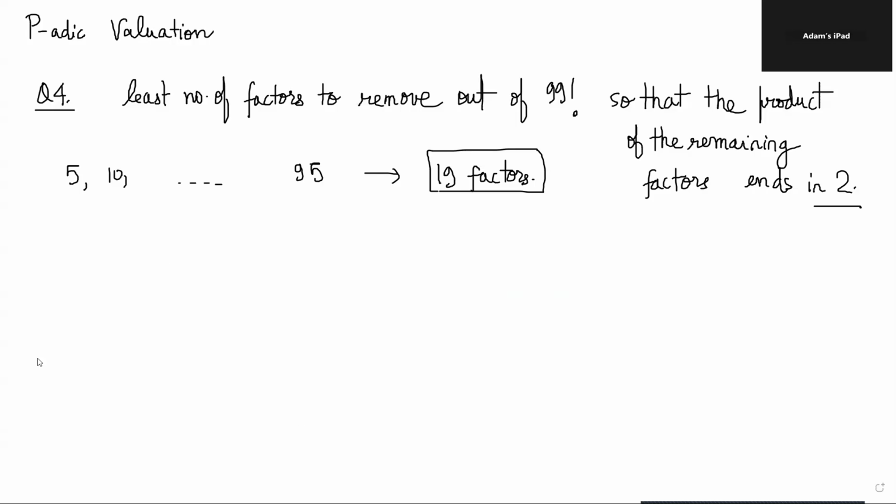So pretty much now we need to remove a factor that will turn the 6 into a 2. But the thing is, let's say if you divide it by 3, you don't know if it'll give you a 6 or a 2 or not.